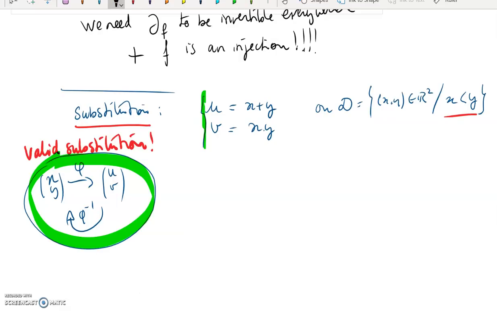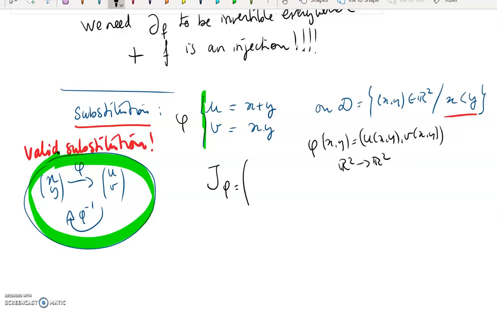If we use directly our theorem, we make the Jacobian matrix, so let's call that phi. And phi of xy defines u of xy and v of xy. So phi acts from R2 to R2, and more precisely from D to some part of R2 that we're going to see later. So we've got the Jacobian of phi.